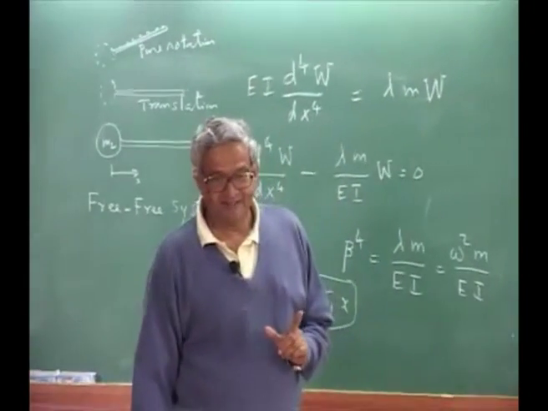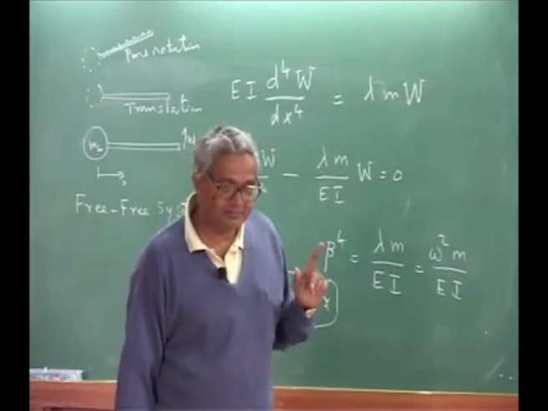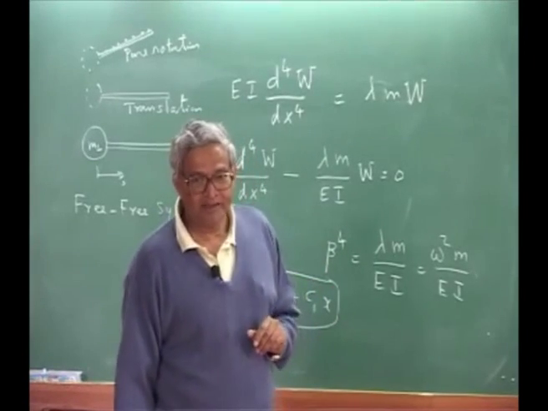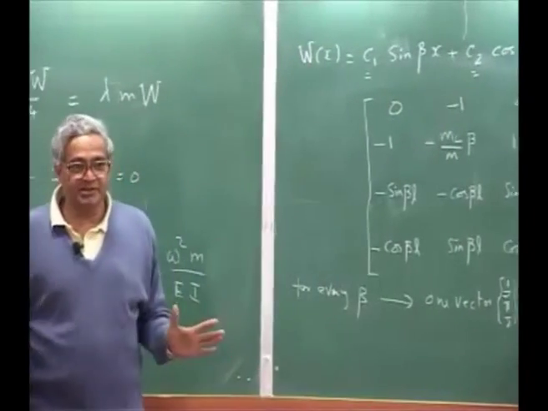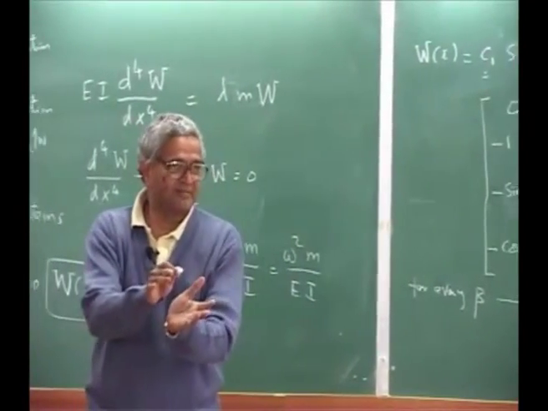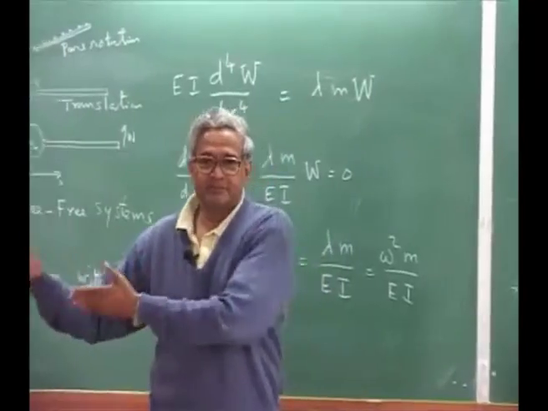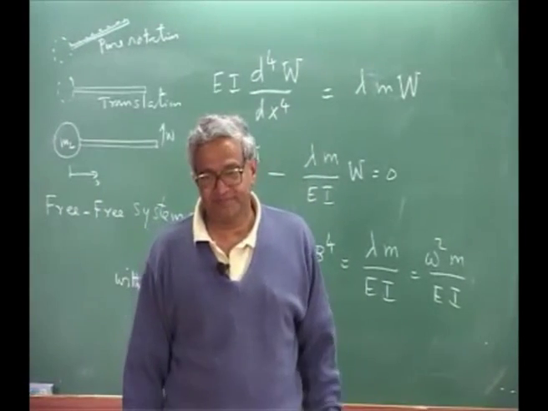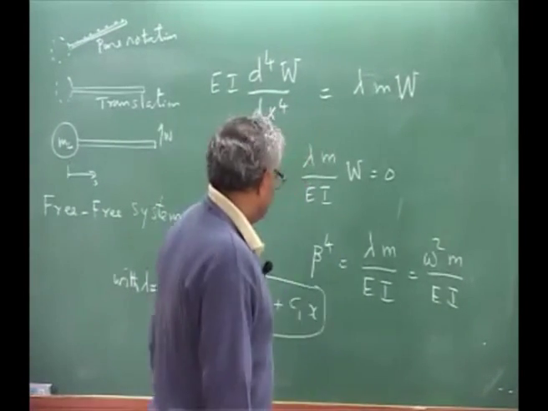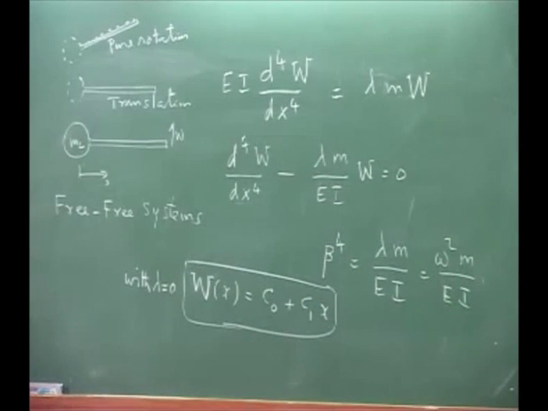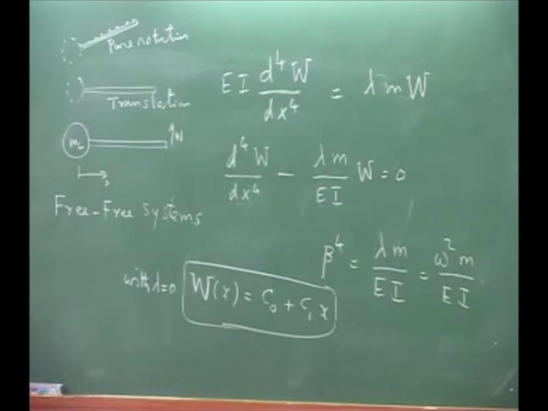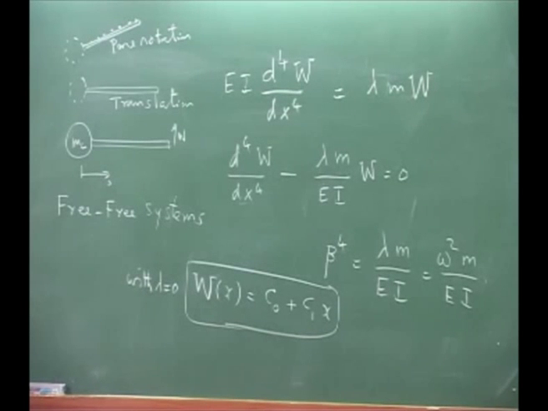Flexible modes will have non-zero lambda. Essentially your solution consists of some rigid body modes and some flexible modes. Is it clear for you? Now we can simplify the problem.